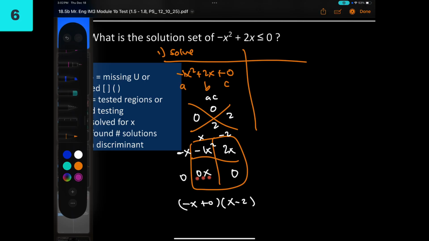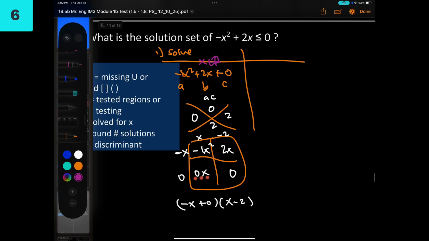Okay, then I'll show you how to solve on the next one. So that's using the Xbox method. This next method is just taking the GCF. So negative 1 times x, and 2x is just 2 and x. Okay, so how do you get a negative 1?